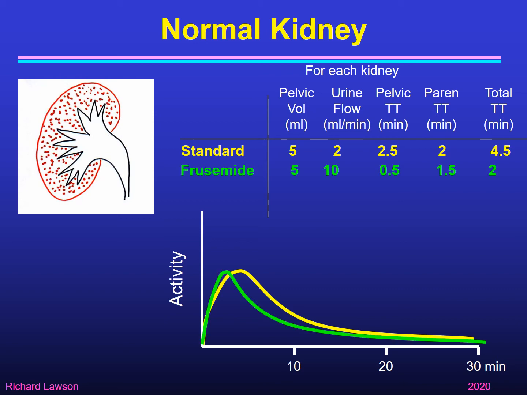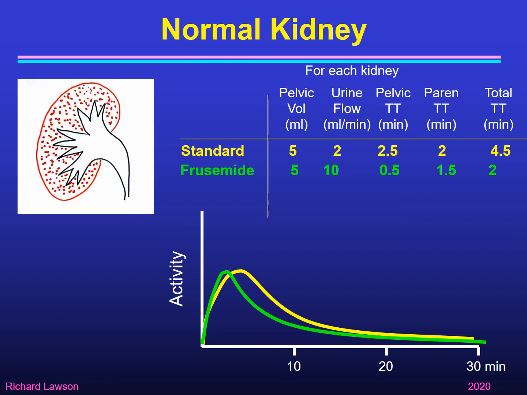Now, if we give frusemide to this patient, it shouldn't change the pelvic volume, but it will increase the flow rate, and let's take it up to 10 mils a minute for a single kidney. So now the transit time through the pelvis is 5/10, which is 0.5 minutes. It will also reduce the parenchymal transit time because we've changed the flow in the distal tubule and the collecting ducts, and so it gets a little bit faster, maybe reducing it from 2 to 1.5 minutes.